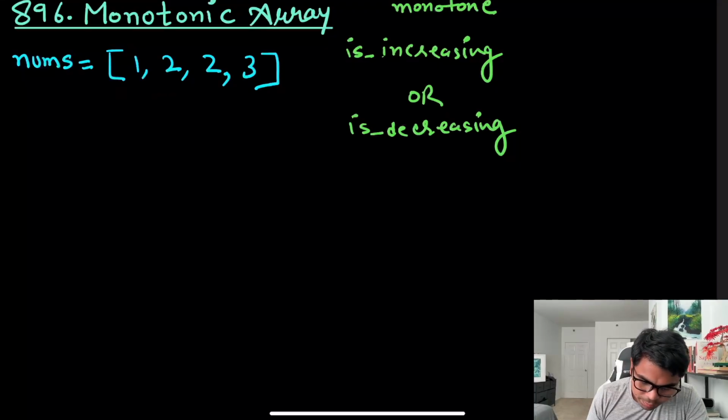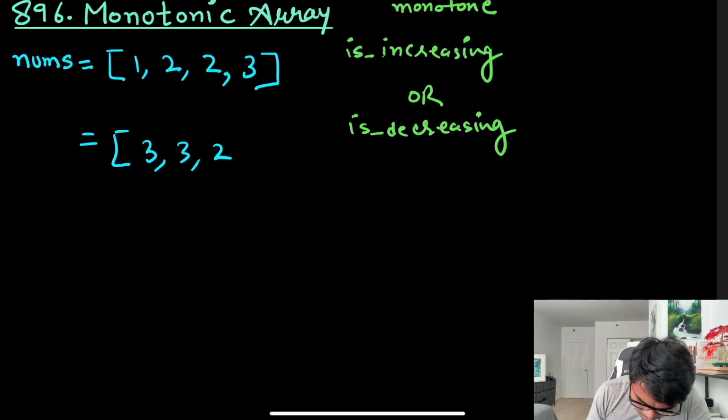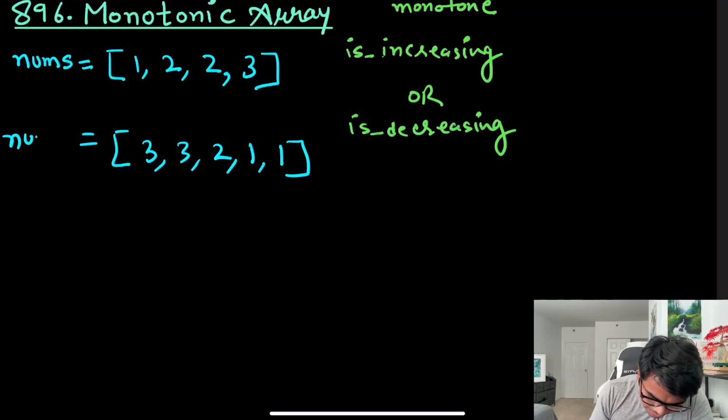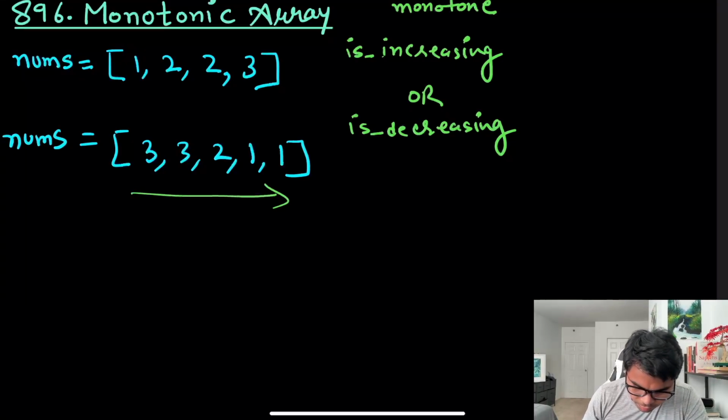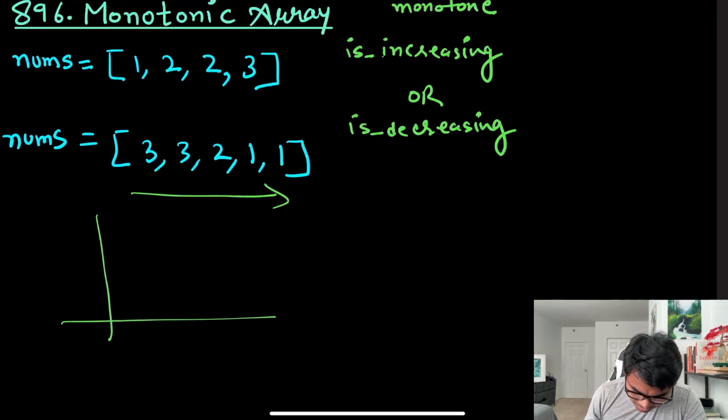Well, there could be another example given this way. So 3, 3, 2, 1, and 1. So this array would be a monotonic decreasing array. All right, so basically if you look at the graph here, this would be 3, 3, and then 2, and then 1, and then 1.